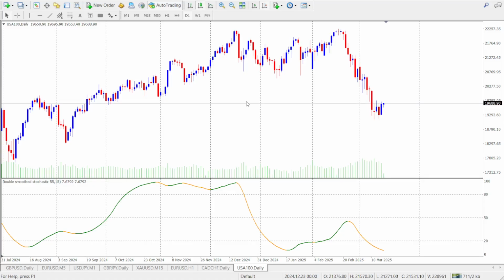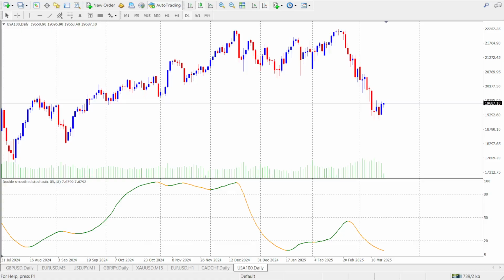Also, it's quite simple and effective. The color coded signals make it easy to understand even if you are a beginner, while still providing enough detail for advanced traders. So by using this indicator, you are giving yourself a clearer perspective on price action, which can help improve entry and exit timing in your trades.